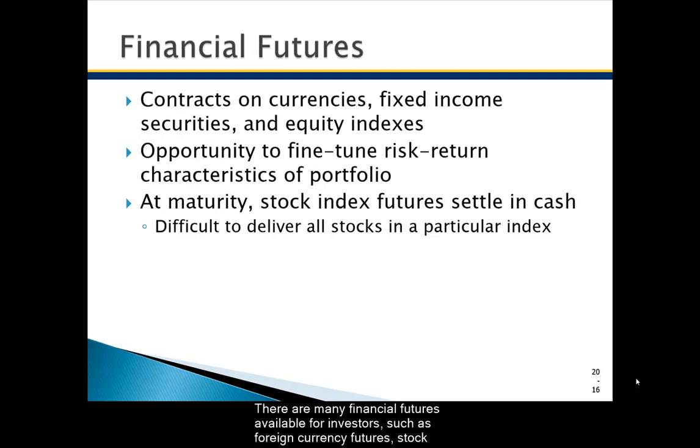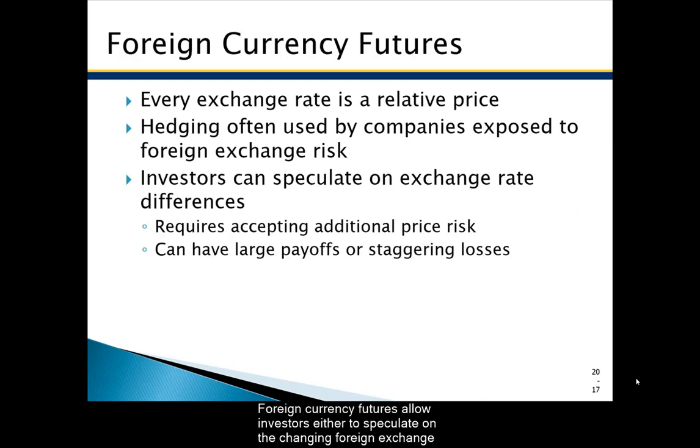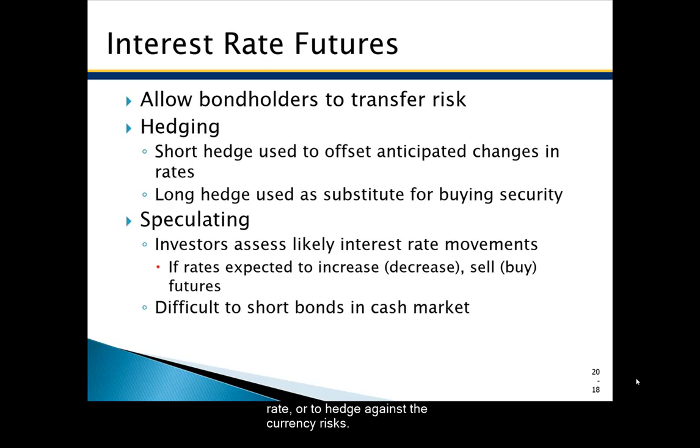There are many financial futures contracts available for investors, such as foreign currency futures, stock index futures, and fixed income security futures to manage a variety of financial risks. Foreign currency futures allow investors either to speculate on changing foreign exchange rates or to hedge against currency risk.